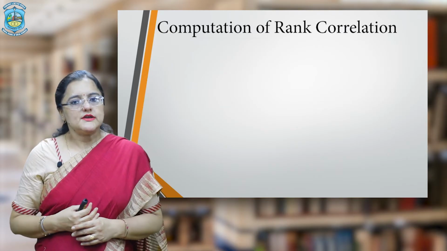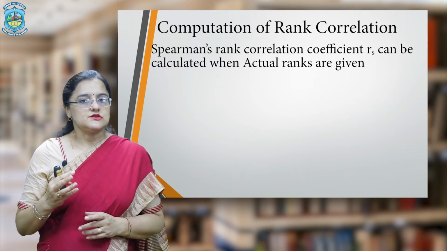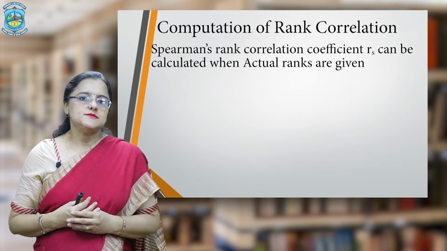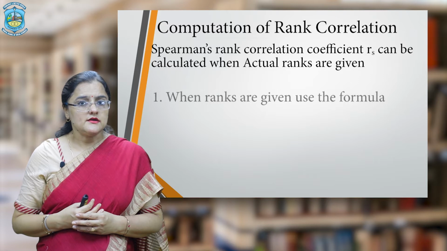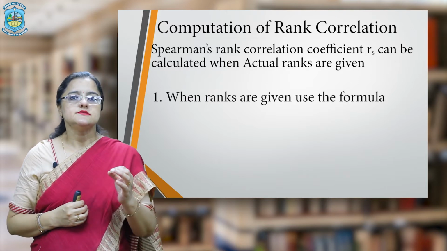Now let's talk about computation of rank correlation. Spearman's rank correlation, as you can see, is denoted by RS. There will be three kinds of situations that you will be seeing in the question. The first one, when the actual ranks will be given to you in the question or in the situation.